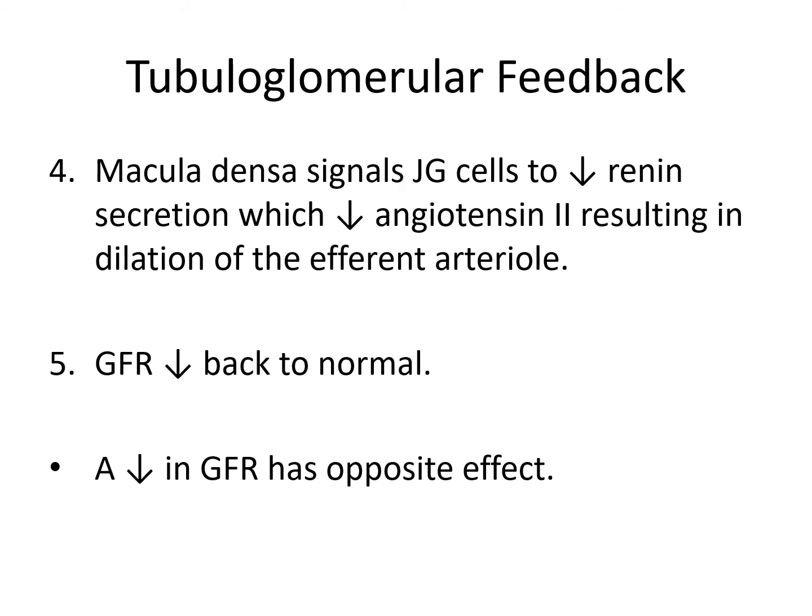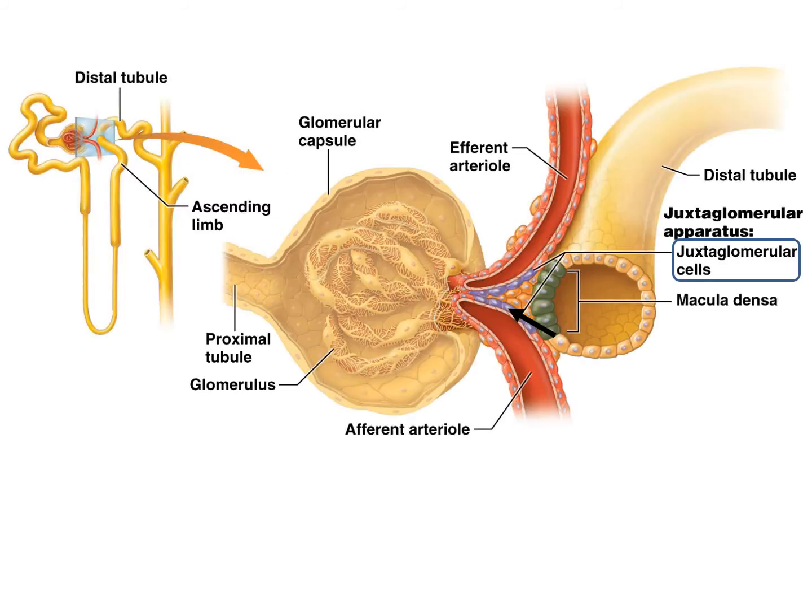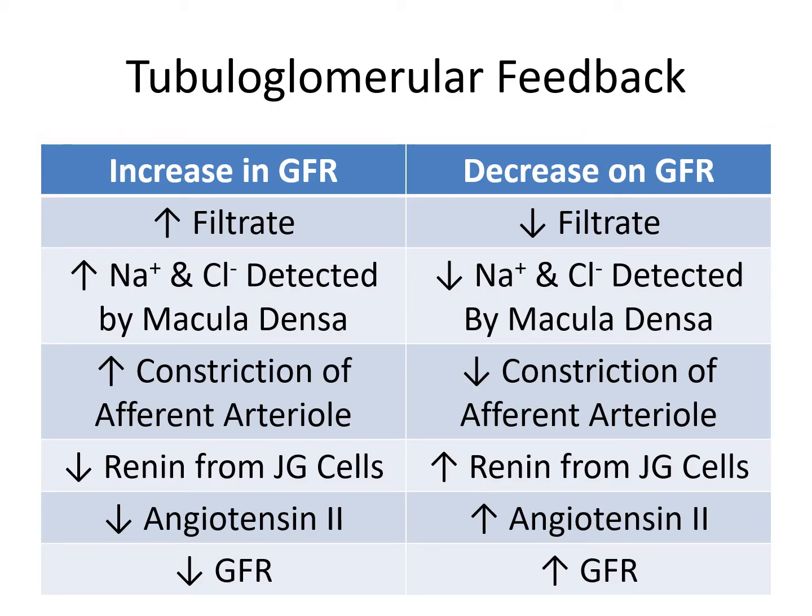As a result, the glomerular filtration rate goes back to normal. A decrease in glomerular filtration rate will then have the opposite effect. So it's a type of negative feedback. Okay, so here are the juxtaglomerular cells near the macula densa that are going to influence the arterioles.